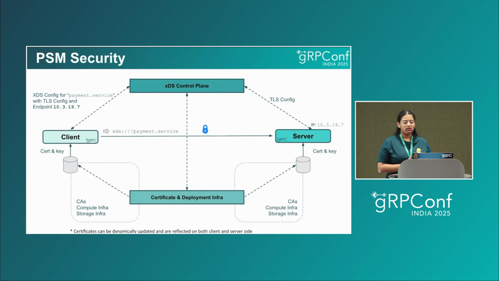This system allows for dynamic update of certificates, which means security changes can happen instantly on both the client and the server without needing a restart. This process ensures that all communication within a service mesh is secure.